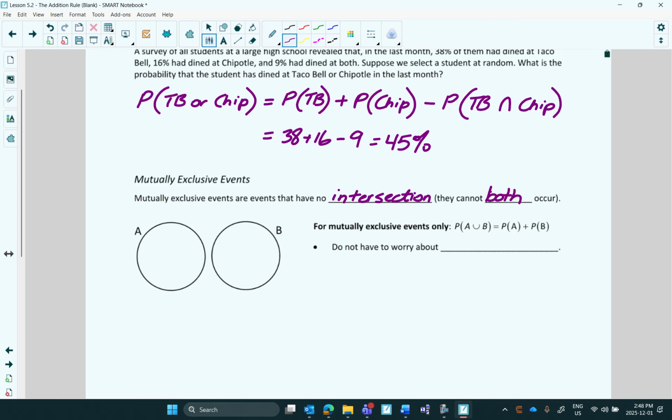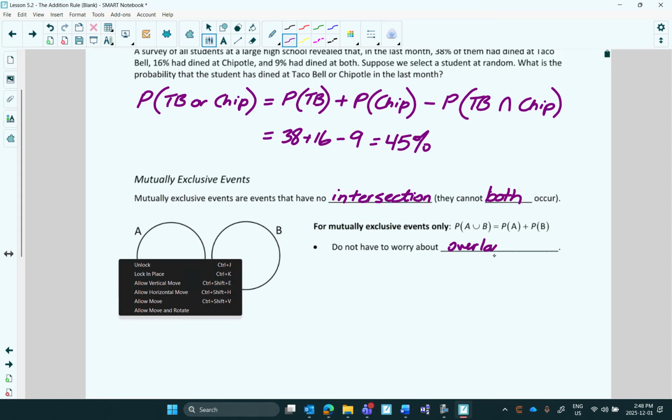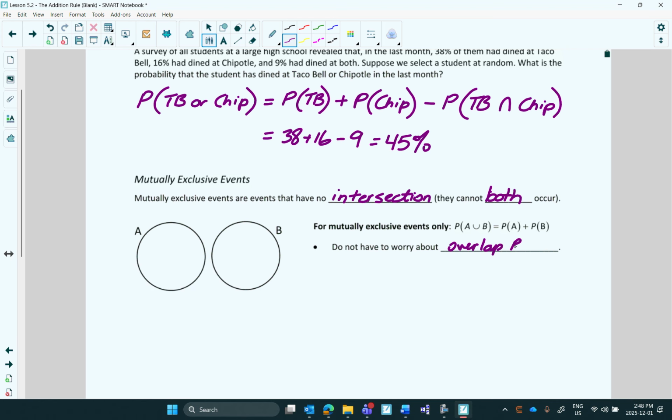And use the addition rule for mutually exclusive events, there's no overlap to subtract. So that's why we don't include minus P(A and B), because there is no overlap. Okay, so we don't have to worry about the overlap, which is the probability of A and B, because it doesn't exist.